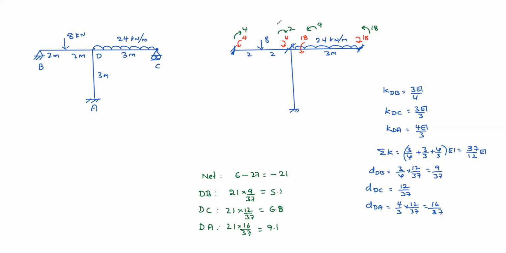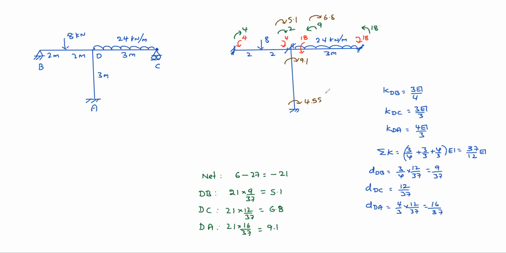Now these moments we will mark: DB 5.1, DC 6.8, DA 9.1. Carryover here 4.55. Okay.